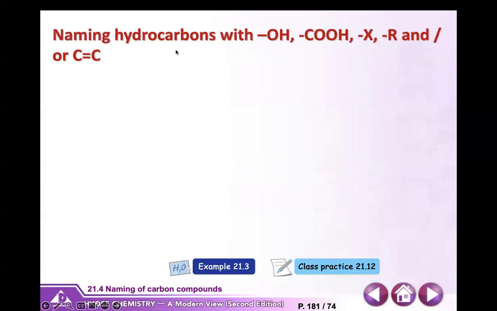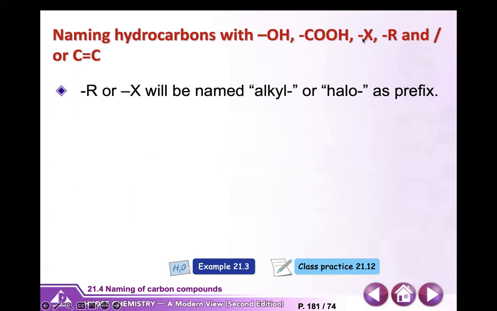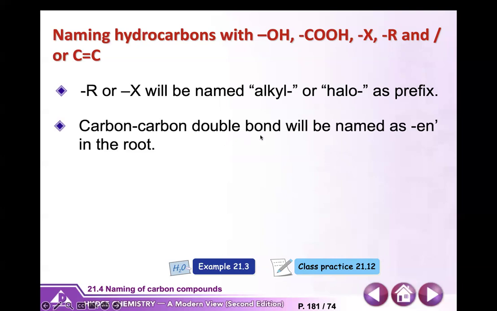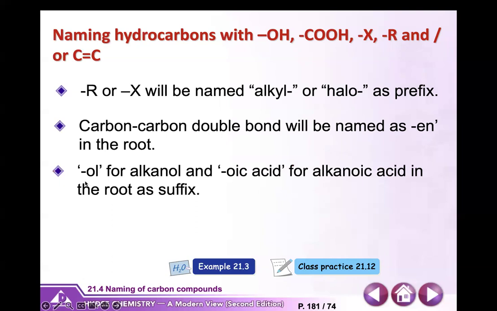If there is more than one functional group, such as OH, COOH, X, R, or C double bond C, the R, that is the alkyl group, or the X, the halo group, must be present as the prefix. The carbon-carbon double bond will be named as ene in the root, that is the stem. While OL is for the alkanol, and oic acid for the alkanoic acid, they go in the root as the suffix.